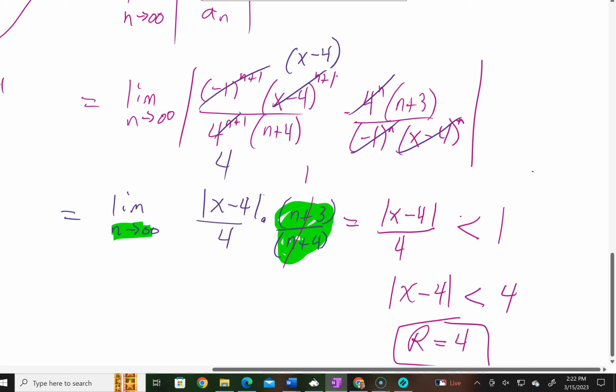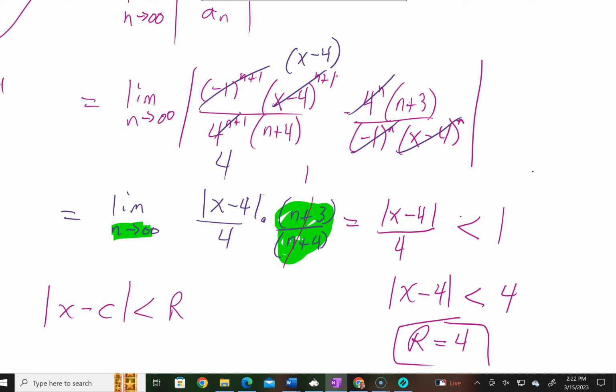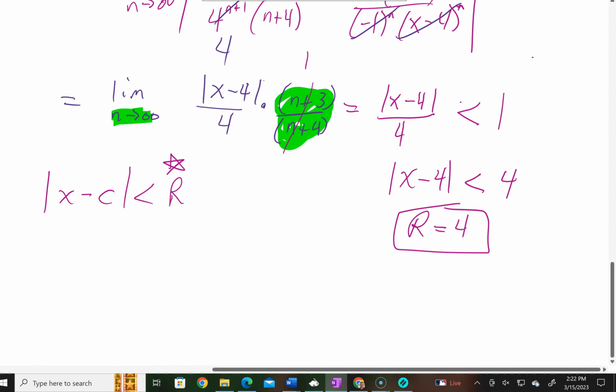Like I wrote earlier, if you had x minus c is less than r, this number right here to the right is your radius. I've had some kids tell me before, Mr. Dobner, I'm sorry, I don't understand what a radius of convergence is. I don't get what you're talking about. Where are we centered?